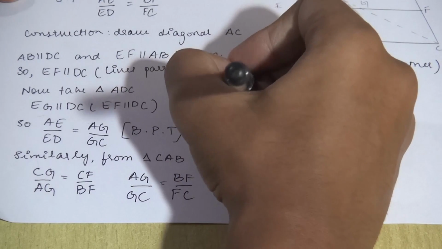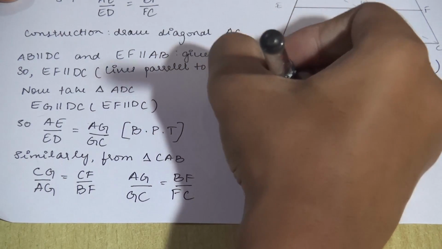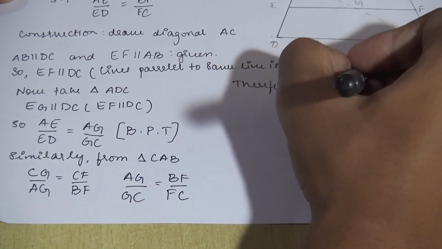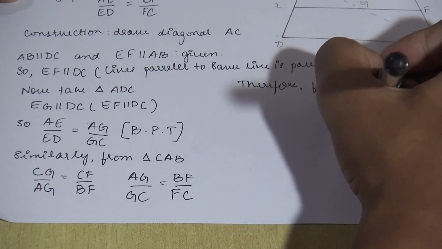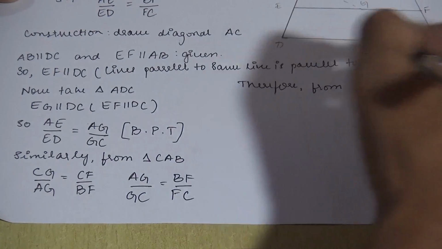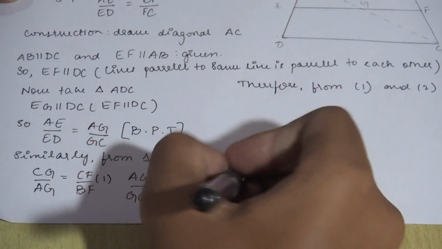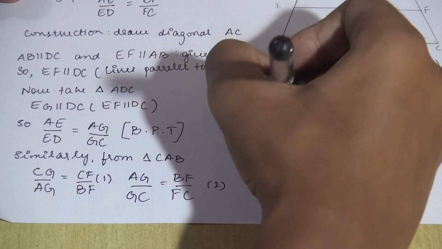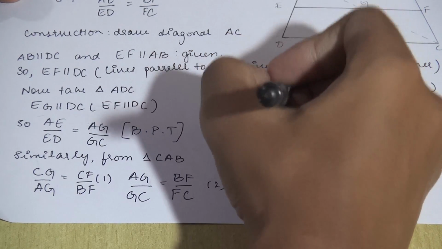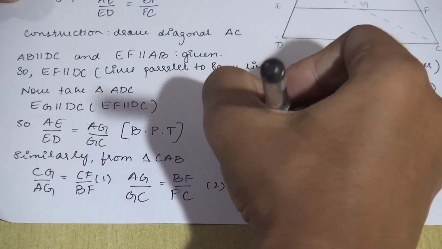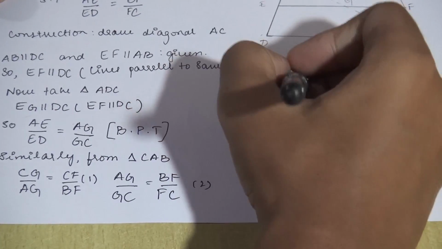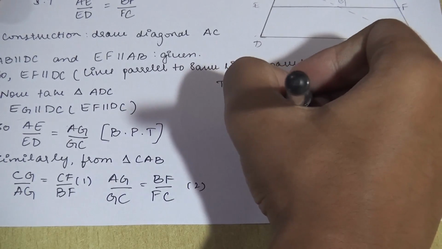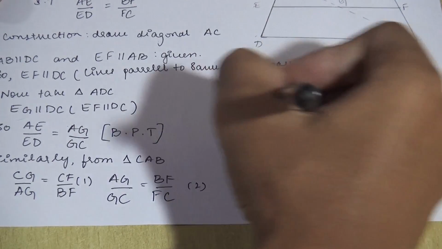Therefore, from 1 and 2, we have AE by ED is equal to BF by FC, hence proved.